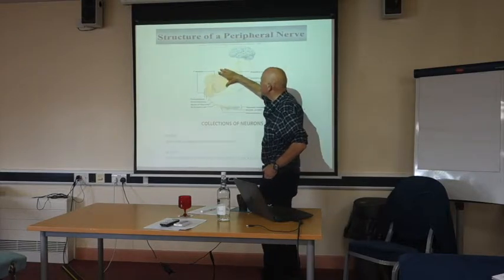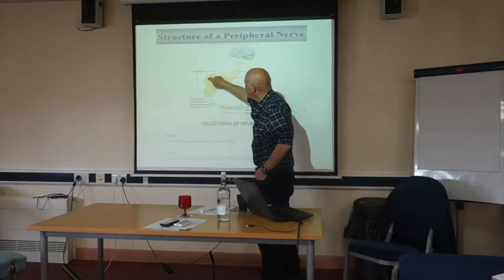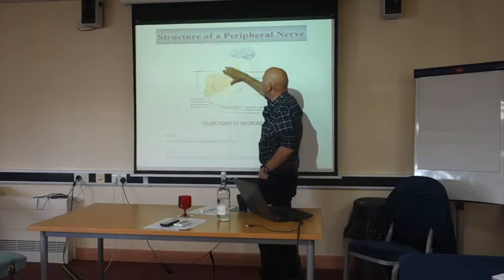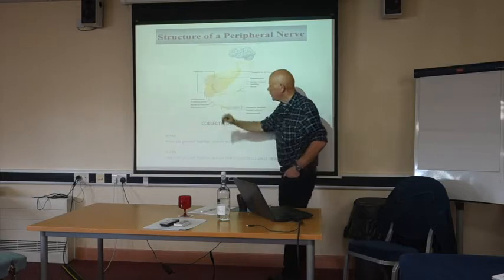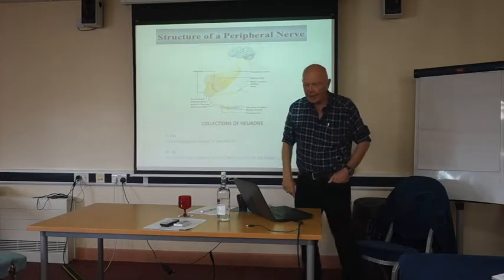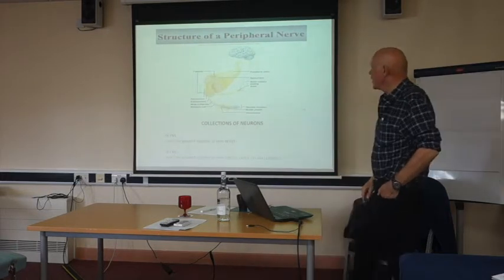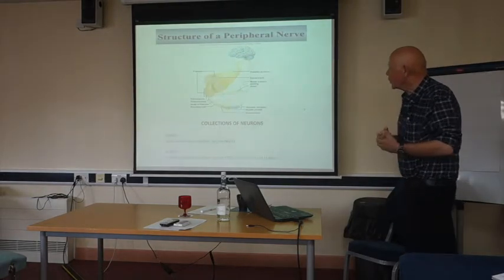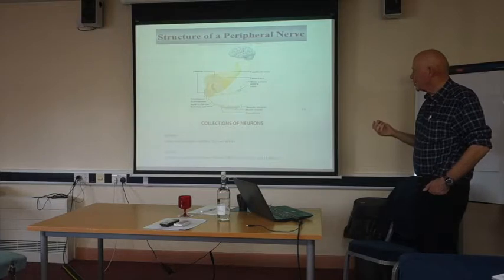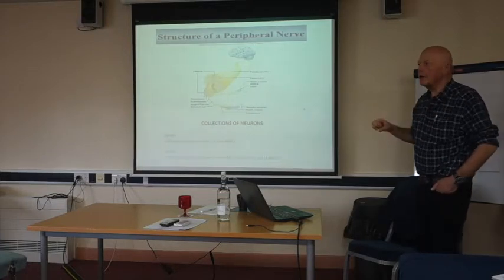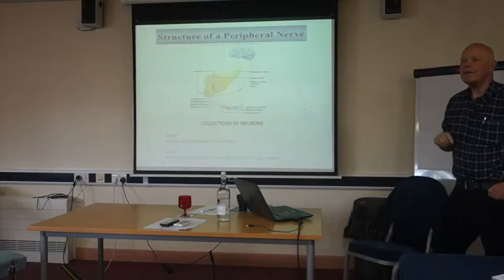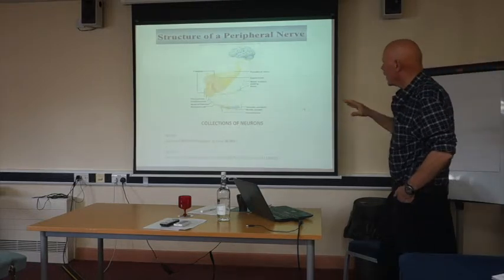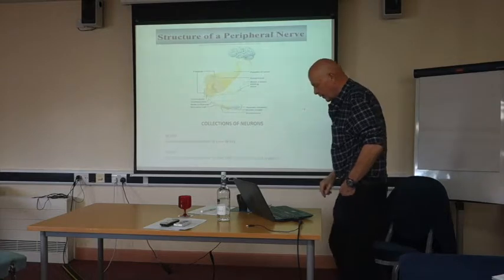So this collection of fascicles of different neurological cells, this is called a nerve in the peripheral nervous system. A similar kind of arrangement in the central nervous system tend not to be called nerves, they're called tracts or fasciculi or lemnisci, depending where they happen to be. So nerves are actually in the peripheral nervous system.